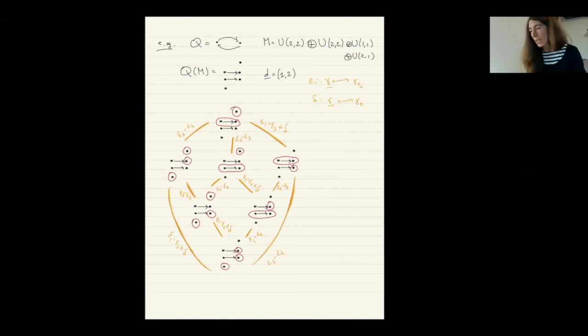So, let me be very unprecise. For characteristic big enough, everything I said is good. Actually, for example, for FLN, so for type A flag variety, it's over Z, everything works.